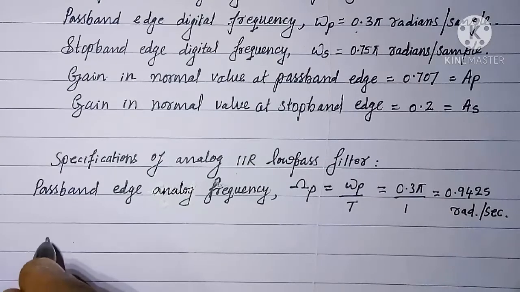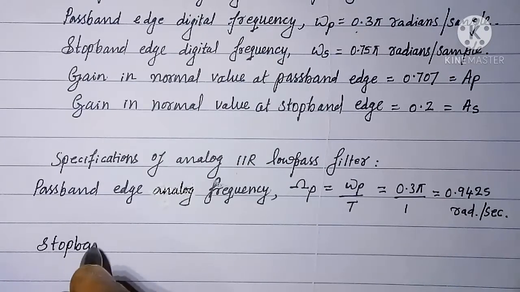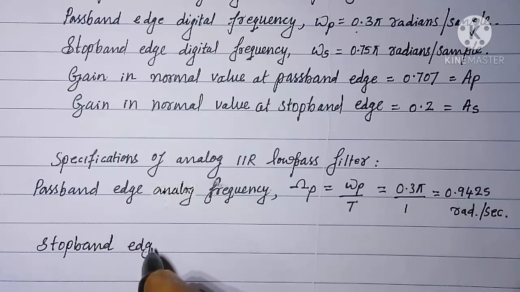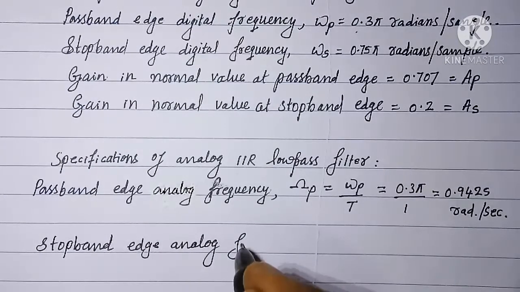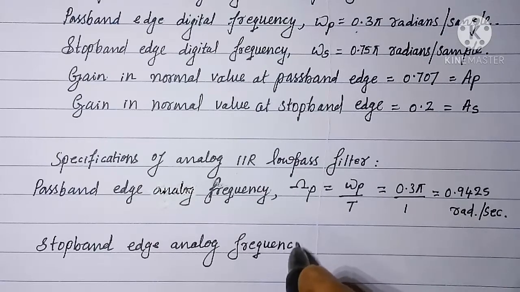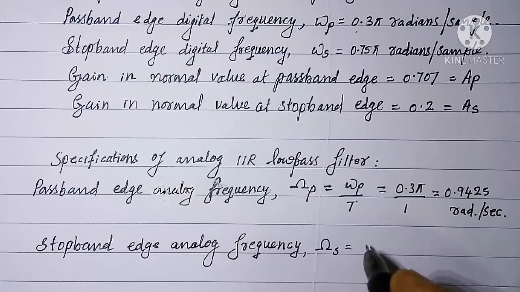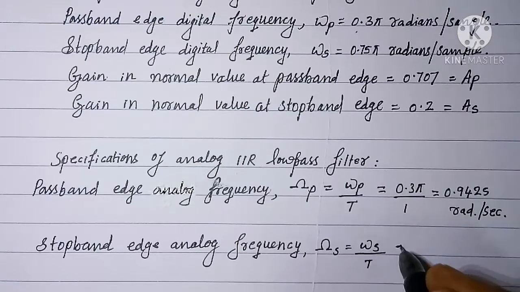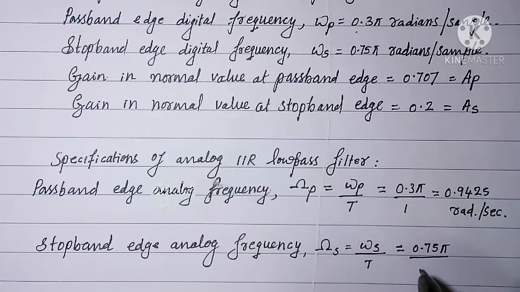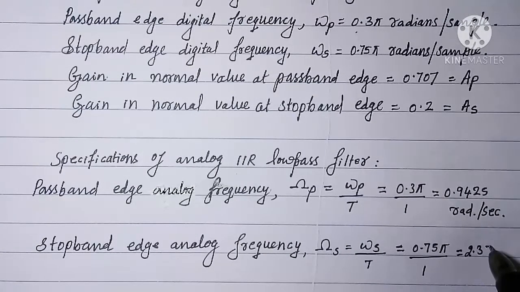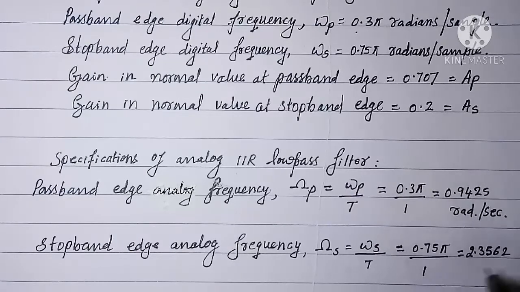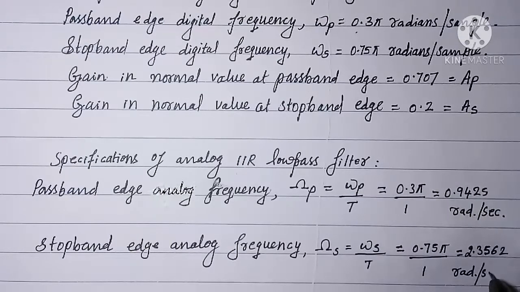Similarly, stopband edge analog frequency omega s is equal to digital stopband frequency omega s by T, that is equal to 0.75 pi by 1, which is equal to 2.3562 radians per second.